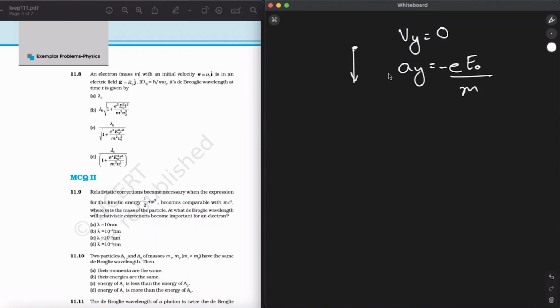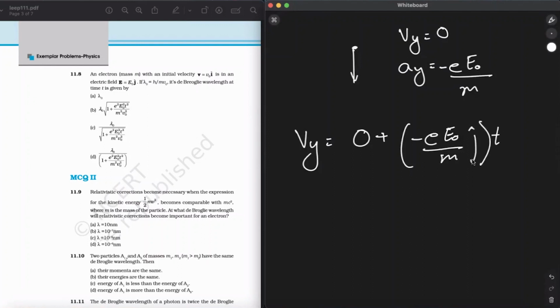Now I write vy. v equals u plus at, so vy equals 0 plus at. Acceleration is minus eE naught upon m times t. So vy is minus eE naught upon m t j cap.